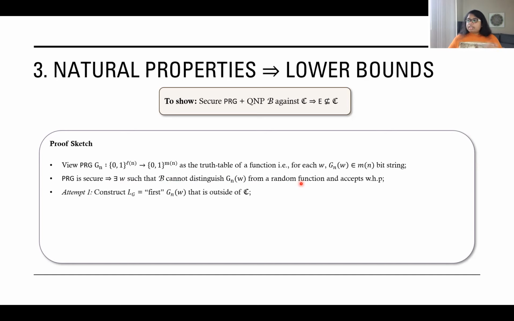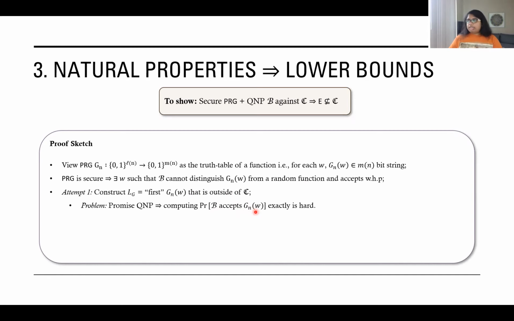So let's try and construct our language on the basis of this random function, right? Because I need a unique way of constructing the language, I can always say that my language is just the first such gn of w that is outside of my circuit class, or that is random, let's say, that is accepted by B. But you run into a problem here because we have a promised natural property, and computing exactly the probability with which my algorithm B is going to accept this gn of w is hard.